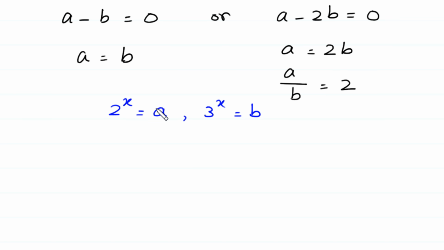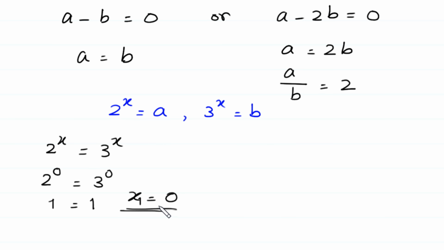We substitute these values in this equation, then this equation becomes 2 to the power x is equal to 3 to the power x. And if we put the value of x as 0 in this equation, 2 to the power 0 is 1, is equal to 3 to the power 0 is 1. So from here we conclude that x is equal to 0. This is the first solution.